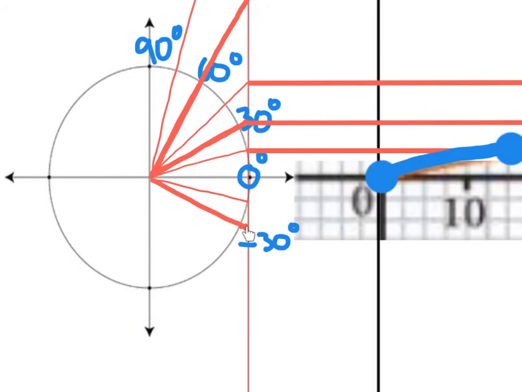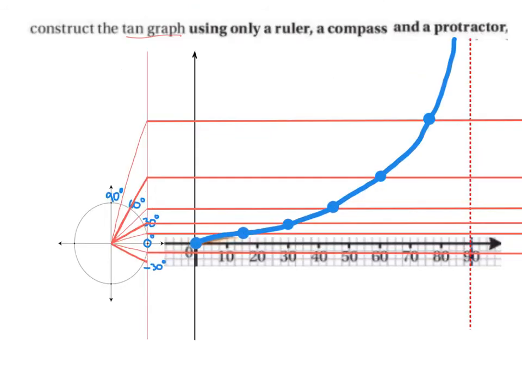So if this is minus 30 degrees, this is going to be minus 15 degrees. So I'm going to draw a line across. And if this is 0 degrees, and that was 10 degrees, and that was 15 degrees, then the same distance in the other direction would be approximately minus 15 degrees, which is approximately there.